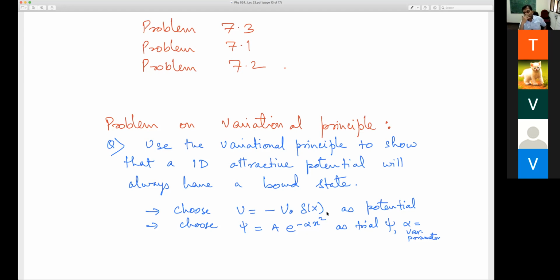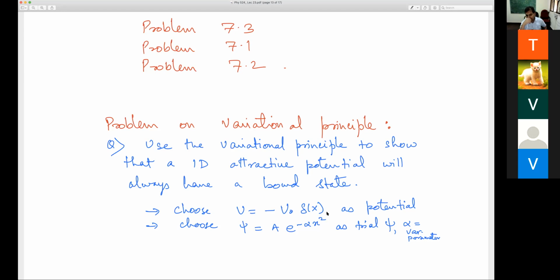Okay, so let me give you a choice of wave function, etc. So I'm looking at a bound state. So all I want is a wave function which is localized around this bound state. Bound states are wave functions which are localized in space, etc. So I'm giving you the simplest wave function I can think of, e to the power minus alpha x squared, right? So the decaying Gaussian wave function, etc., as the trial wave function.